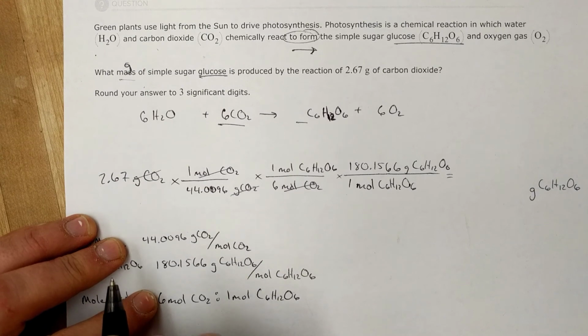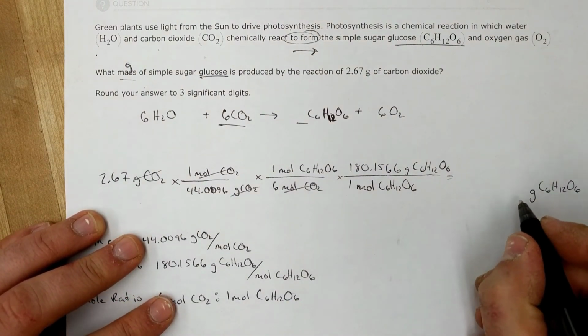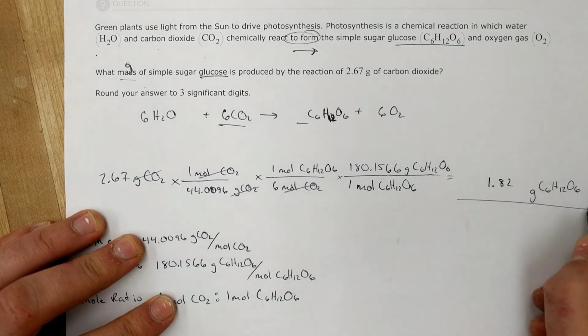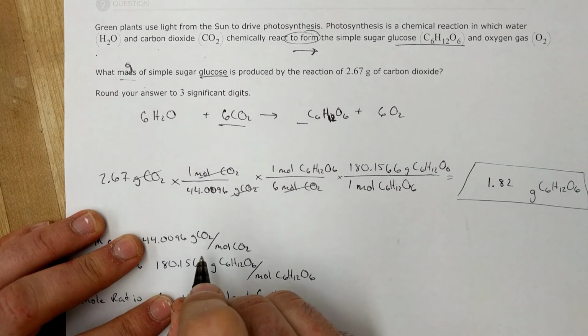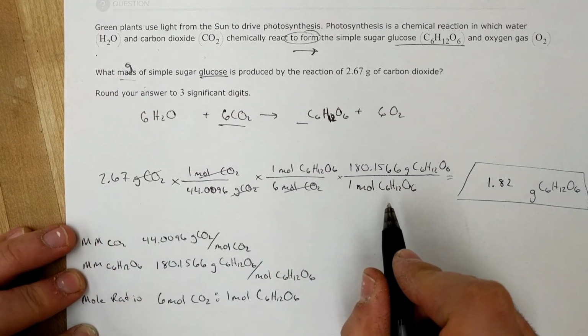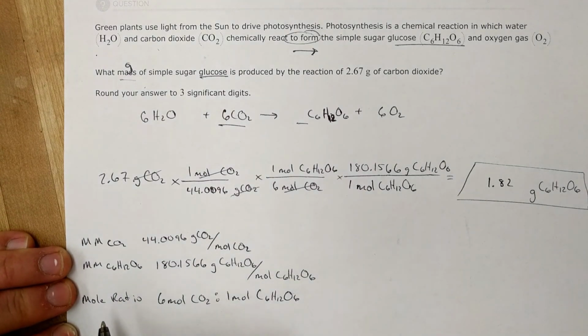So make sure that you do that correctly, and then you should get, for this particular problem, 1.82 grams of C6H12O6. You can plug these numbers in to actually make sure that you're using your calculator correctly before you go on and do problems on your own.